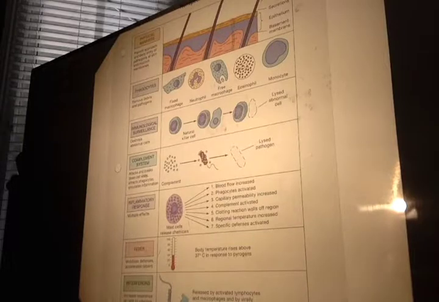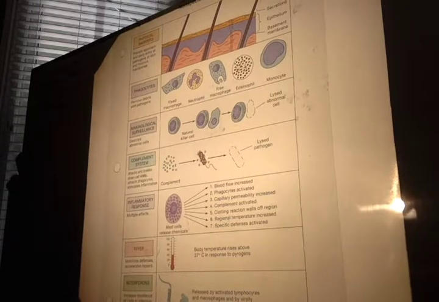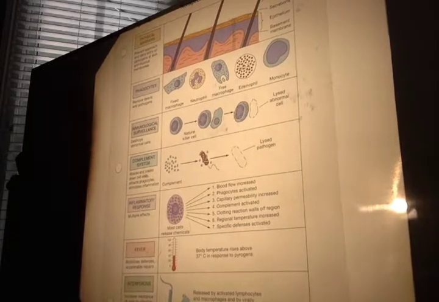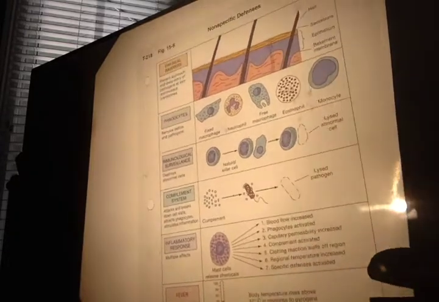Complement proteins are a set of proteins that circulate in the blood, sort of like the clotting proteins circulate in the blood. Now, complement proteins can do three different things, actually.